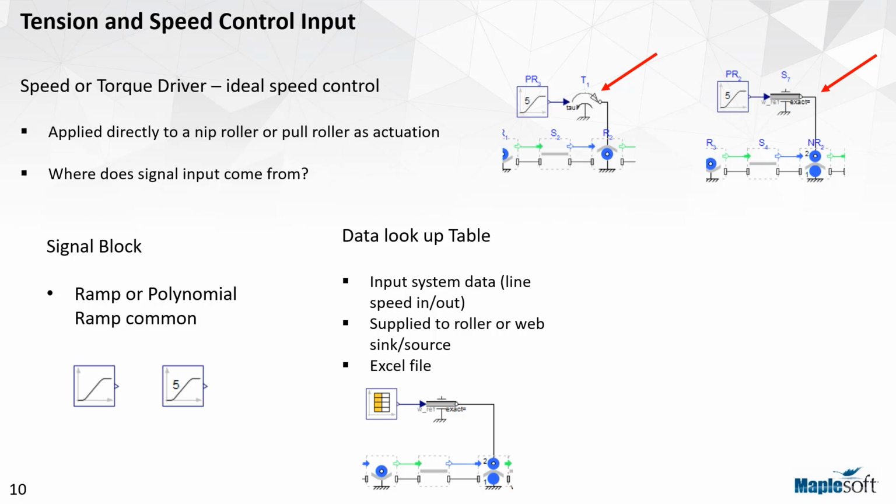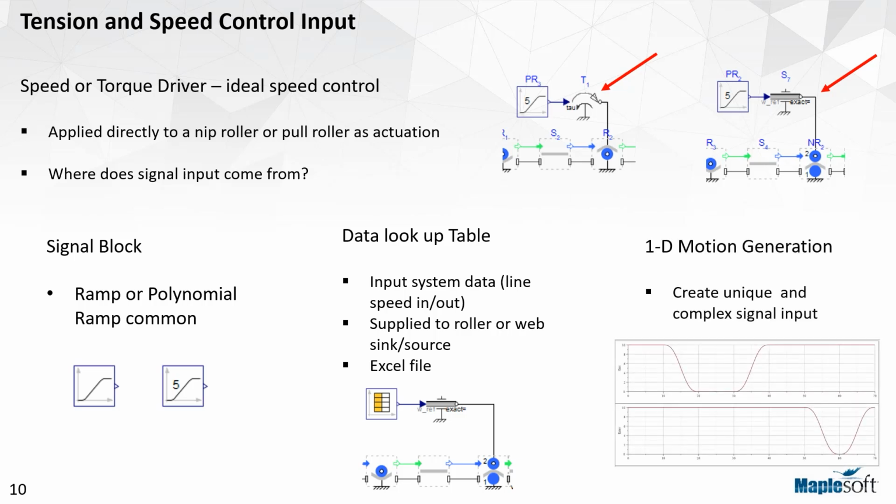So if you have your speed profile from your actual system, you can apply it directly in MapleSim through a lookup table. This is also a great way to do validation testing. If you have data from your system, you can then compare that data to the output of your simulation and see validation in that way.